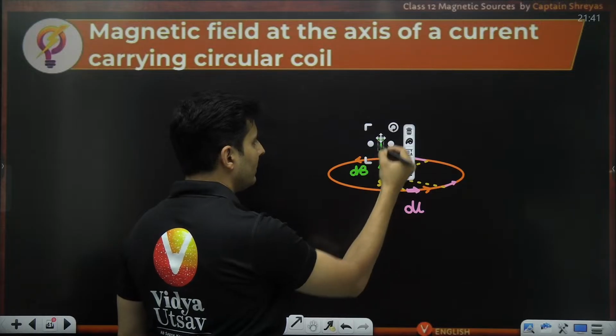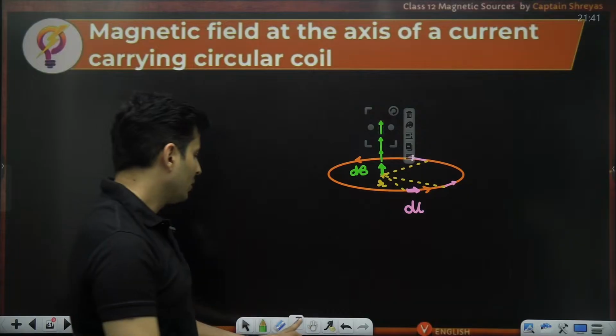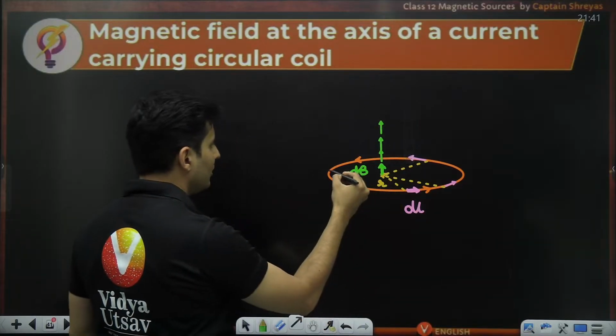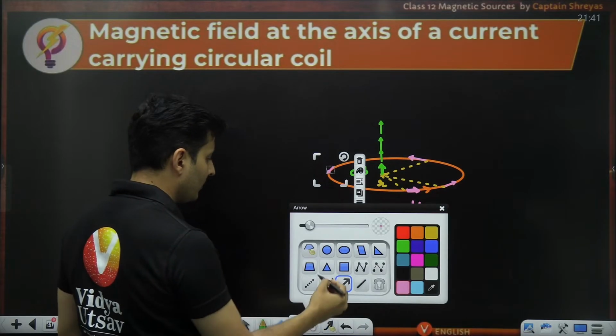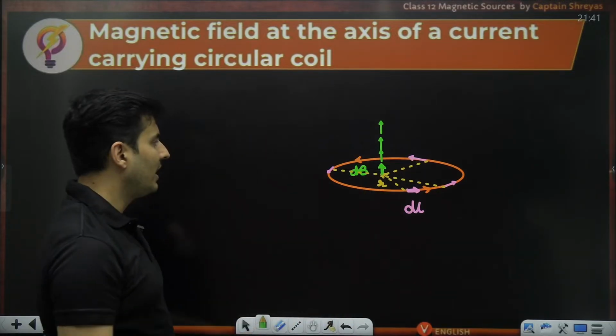That dB will always be in this direction only. So they will all add up, no matter where you take that element.